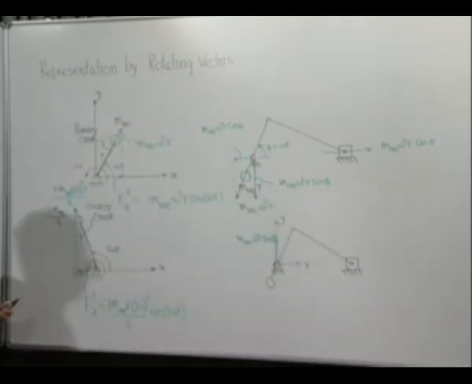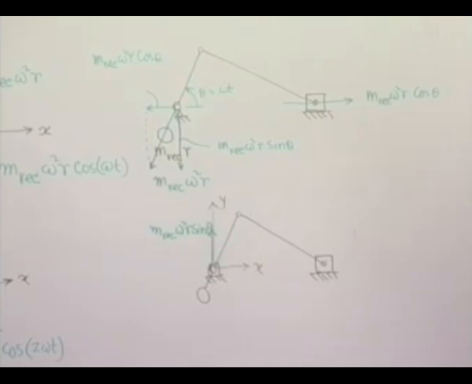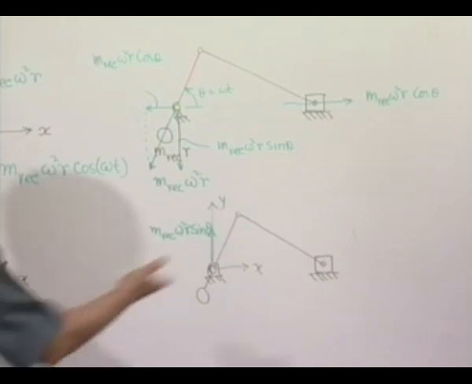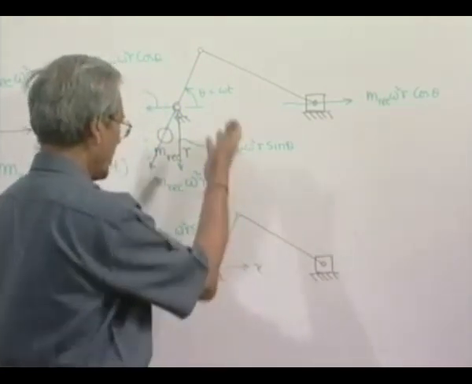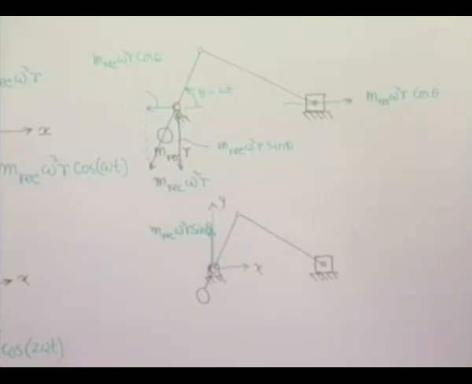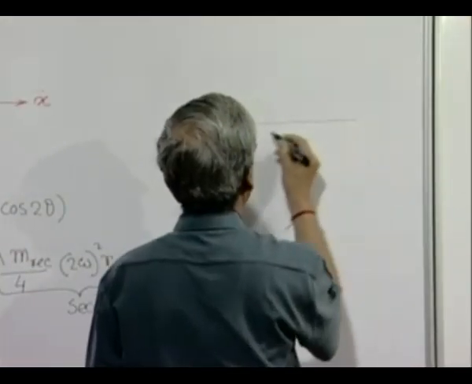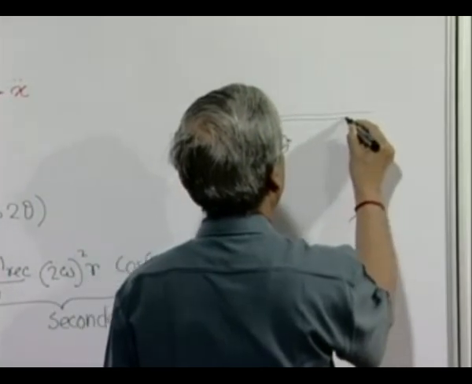So, this is not an exactly satisfactory situation, but sometimes this is useful, where a force in this direction may be less desirable than a force in this direction. For example, suppose the mounting of this machine or the engine is something like this.